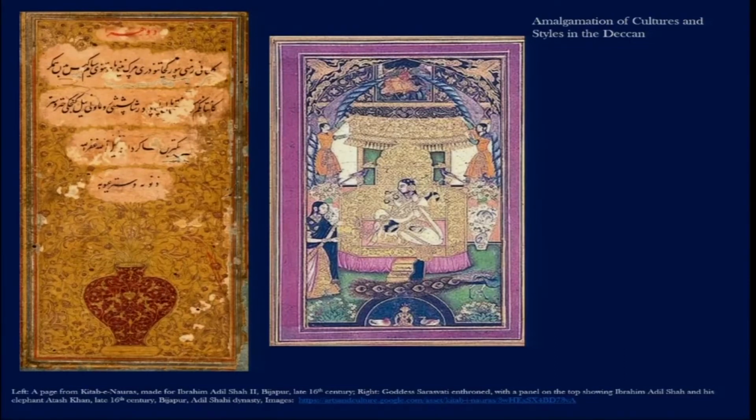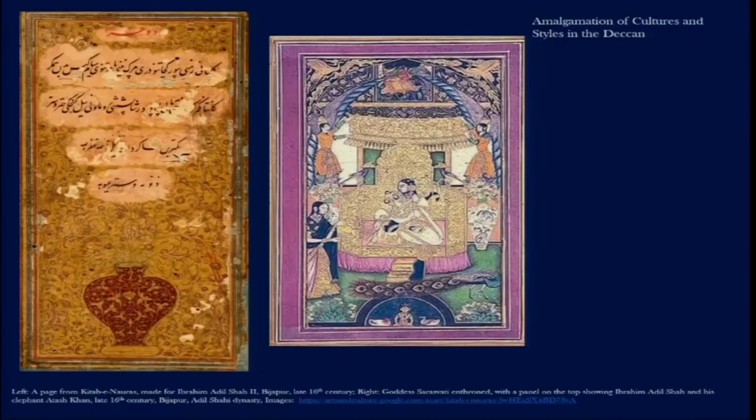So, Ibrahim Adil Shah, as we can see, this Muslim ruler, considered goddess Saraswati to be his spiritual mother, and that is the reason he dedicated the first verse of his Kitab-e-Nauruz to the goddess Saraswati. Then the second verse is dedicated to Prophet Muhammad, and then the third verse is dedicated to this very important Sufi saint Banda Nawaz Gesudaraz.